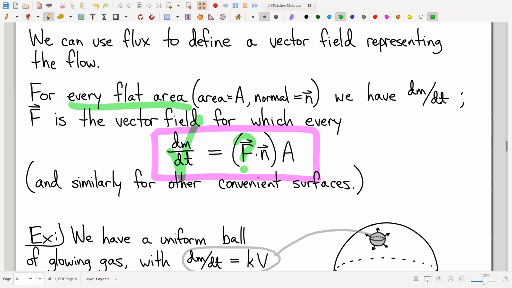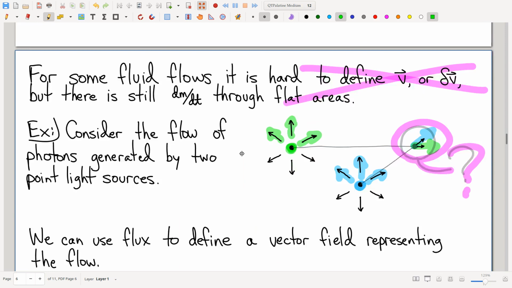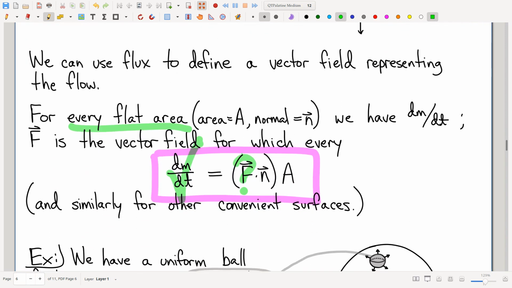And it turns out that there's always a vector field that will do this for whatever flat area you're looking at. It's a single vector field representing the flow of light, let's say in this room, that would do this. And so anyway, I just wanted y'all to be aware that there is this nasty little situation, and there is a clever answer for how to deal with it.